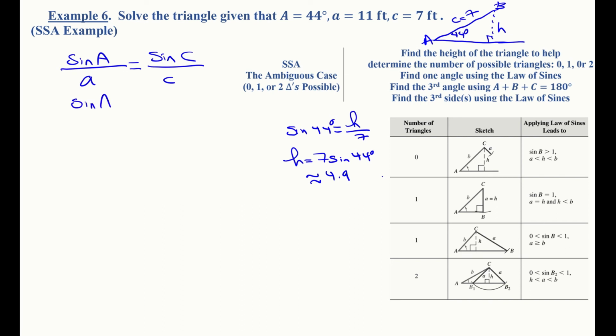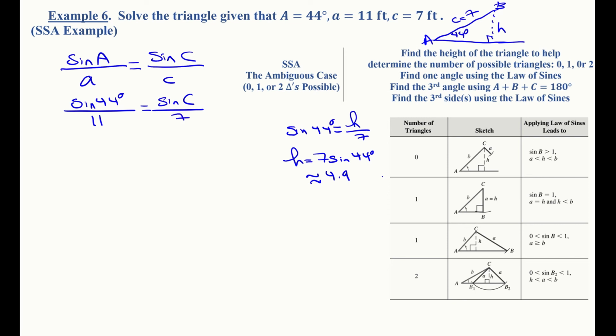So sine of 44 degrees over A, which is 11, equals sine of C, which is unknown, over C, which is known, and it's 7.